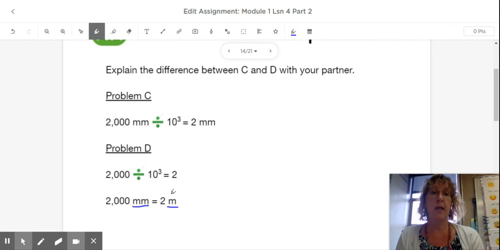Same length, same distance we'd have to walk, which isn't very far. In this case, we're going from 2,000 millimeters, so 2 meters, which is a little more than 6 feet, down to 2 millimeters, teeny tiny, 2 millimeters. Okay? In this case, we simply renamed our units. In this case, we took them apart and got rid of a bunch.